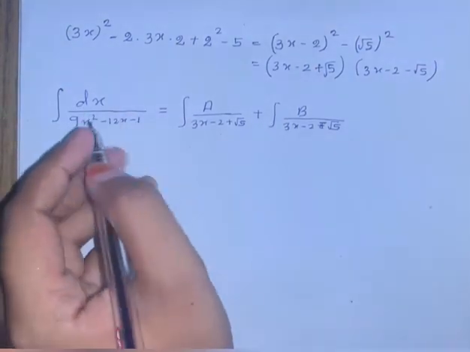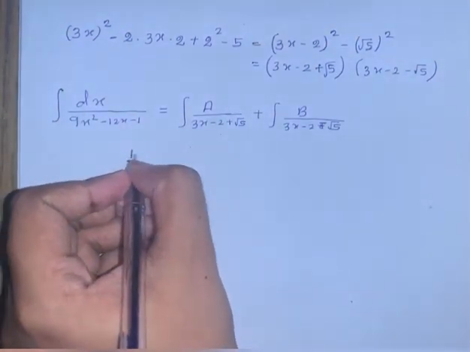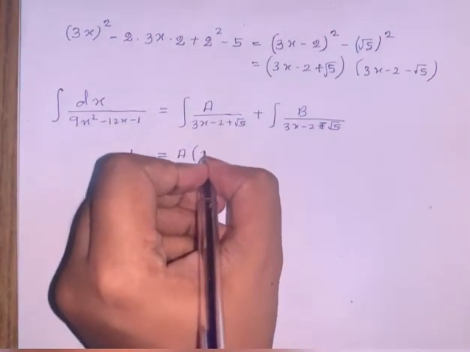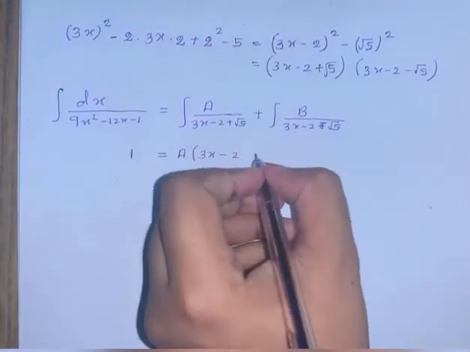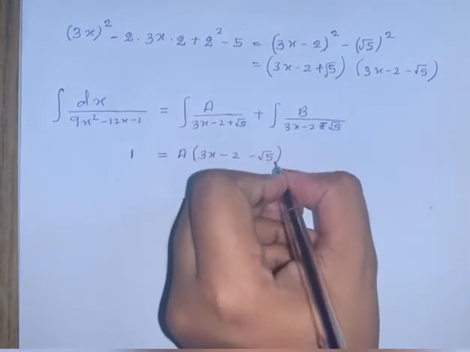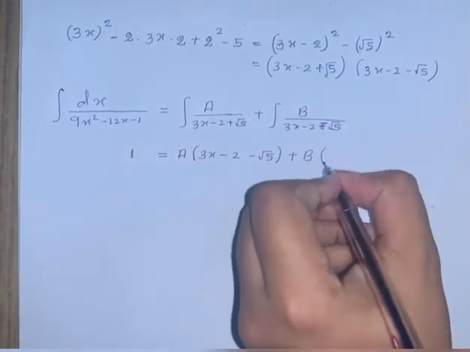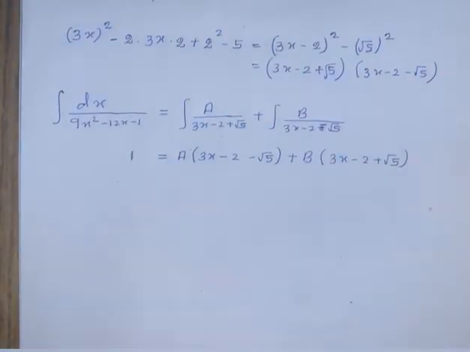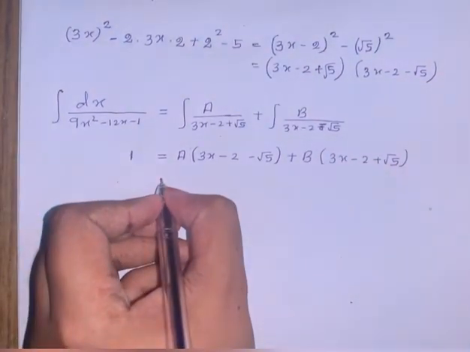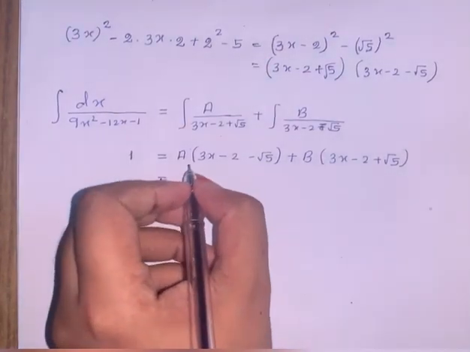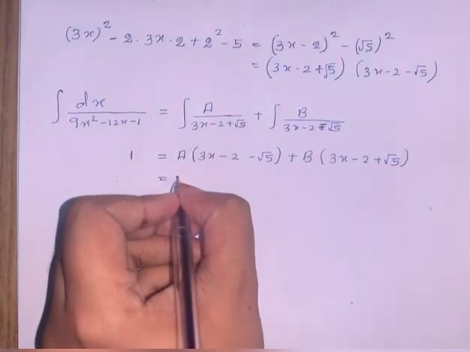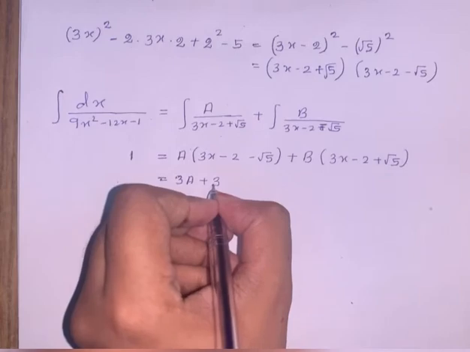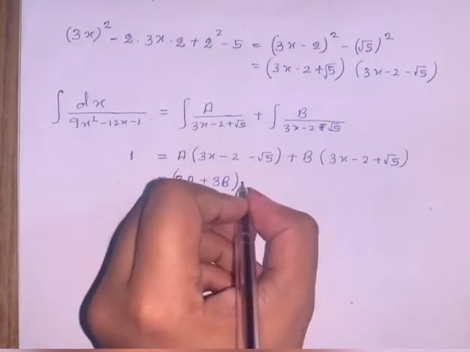So if we write dx, so there will be a 1 there, so 1 is equal to a into 3x minus 2 minus root 5 plus b into 3x minus 2 plus root 5. So we just here we have to expand because there's no other choices, so it will be 3a plus 3b into x.